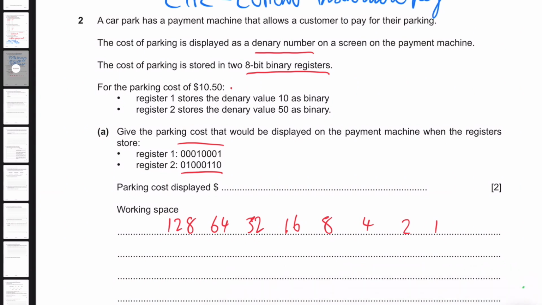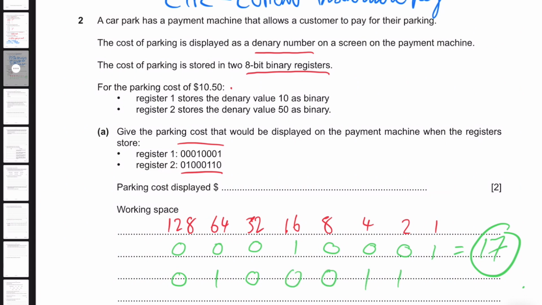I'm just going to change the color. Register 1 has got a 1, no 2s, no 4s, no 8s, but it's got a 16. So 0, 0, 0, that equals 17. Whereas register 2 has got 64, no, no, no, yes, yes.